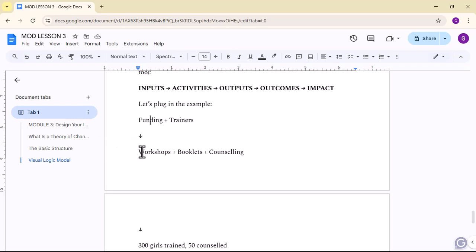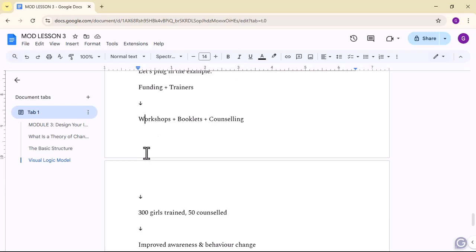And then listing out activities that we will be doing: workshops, we'll be sharing booklets, we'll be having counseling sessions. So this is input flowing to activities and then flowing to outputs, that at the end of the day we are going to have 300 girls trained and 50 of them counseled.